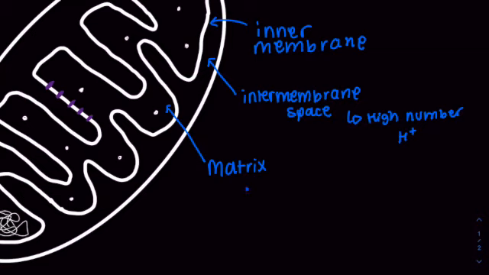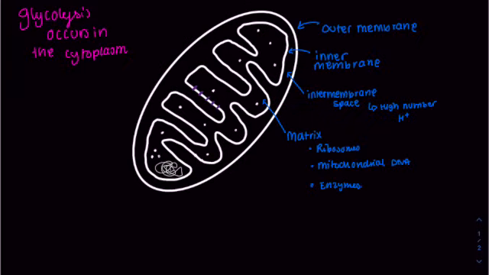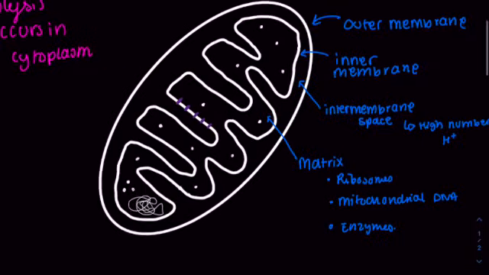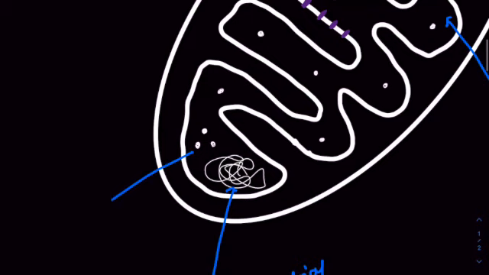The matrix contains the ribosomes, the mitochondrial DNA, and it also contains enzymes, which are essential for the actual mitochondria to function. So this is the mitochondrial DNA, which is just DNA. And here you have the ribosomes, which again are the sites of protein synthesis.